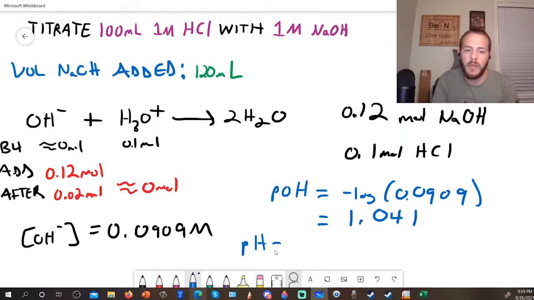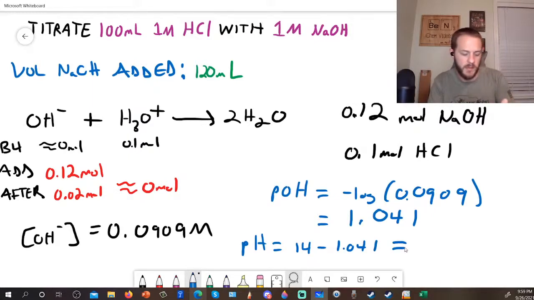And then to get pH, it's going to be 14 minus 1.041, which is equal to 15 minus 1.041, which is equal to 12.959. Demeen says 12.68. Oh, that was from earlier.